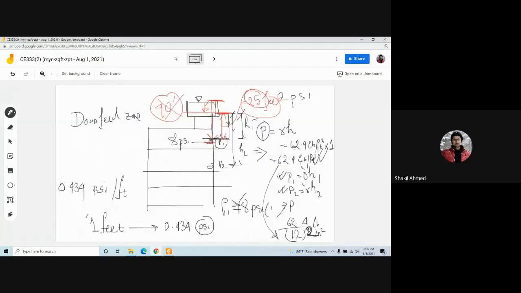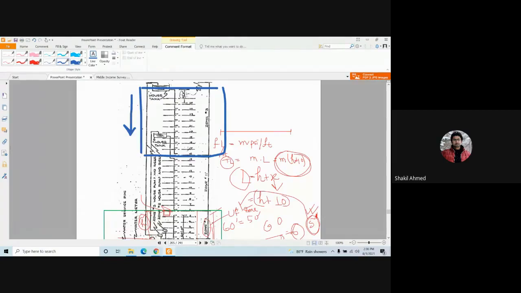The pressure increases downward because your H increases. So who will get the highest pressure? The bottom part of the zone, right? Yes, sir. So minimum pressure is not a concern here. The concern is maximum pressure.